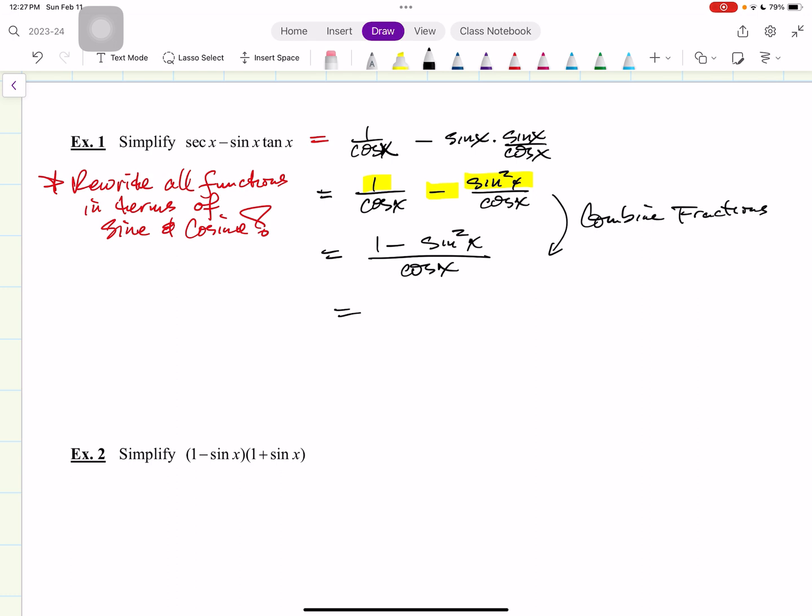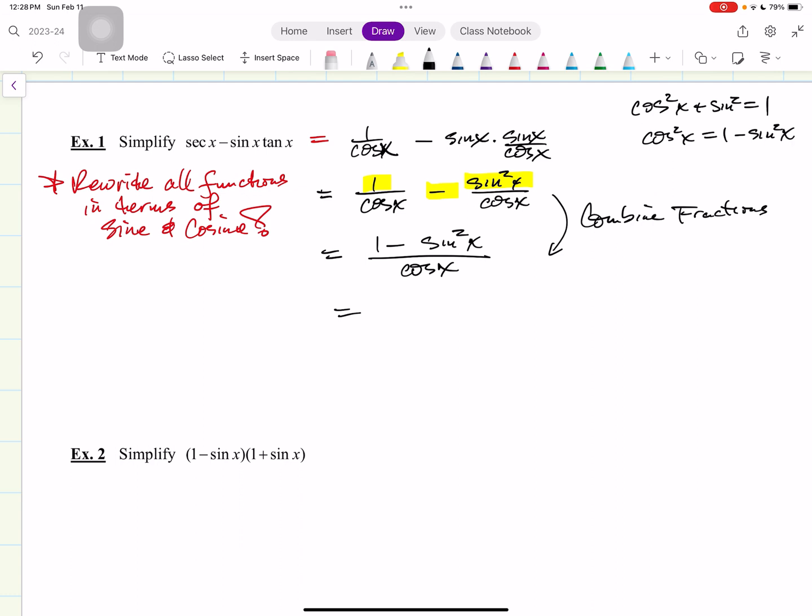And guess what? We've seen this before. We know the Pythagorean identity: cosine squared x plus sine squared x is equal to 1. That means cosine squared x is equal to 1 minus sine squared x.